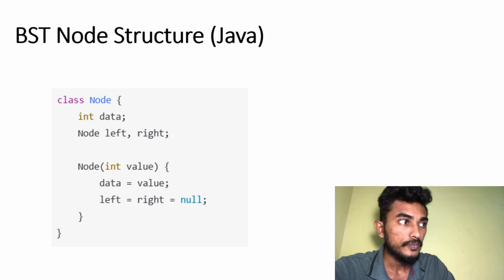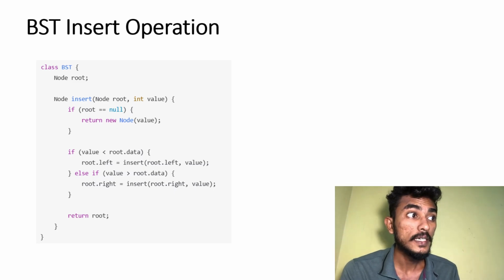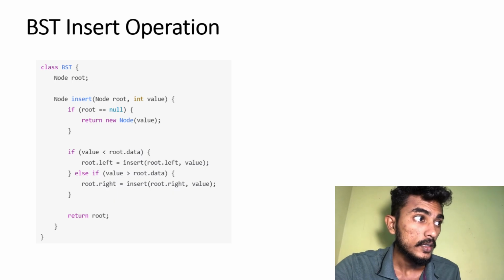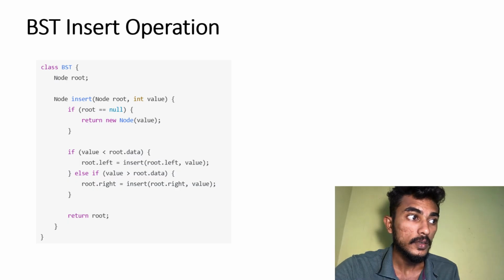Now talking about the BST insert operation. Here you can see we create a class. After that you can see the empty root here. If root is equal to null, that is, root is null, you need to create a new node.